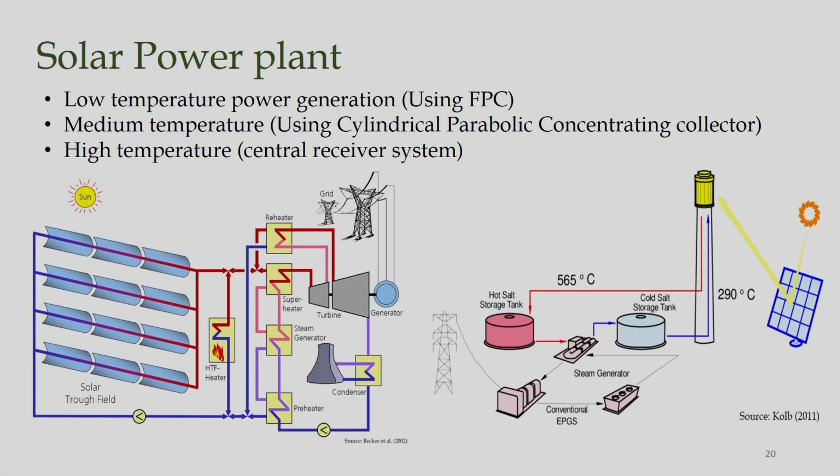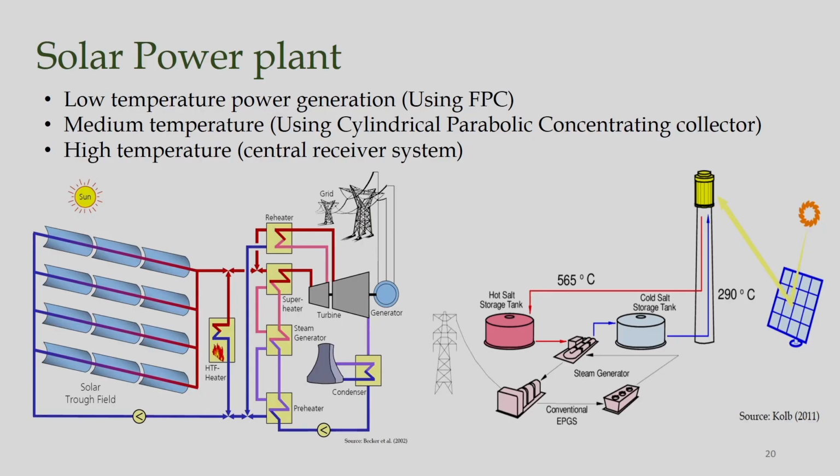Now, coming to the solar power plant. What are the different solar power plants we can make? Say, a low temperature solar power plant using flat plate collectors. As I said, the efficiency of conversion is very low for low temperature power generation systems.